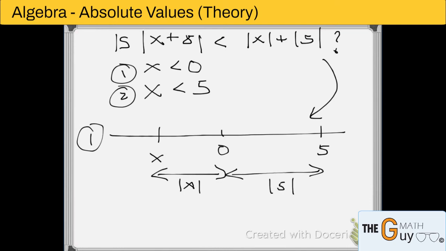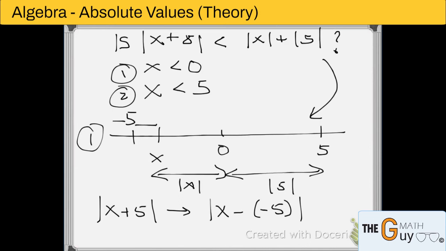Fantastic. What would be x plus 5? x plus 5 is nothing but, as we discussed in the last slide, absolute value of x minus negative 5, right? Negative 5 would be somewhere on the negative side, so somewhere, let's say here.